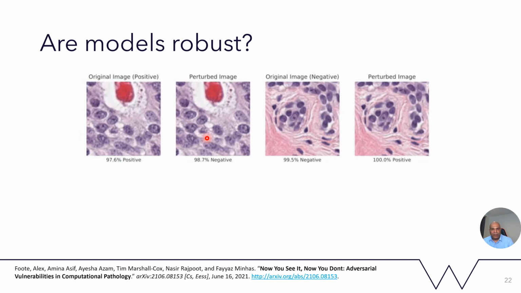So they may be fragile to these perturbations, which may be subvisual, and we should really take care when training these methods to ensure that these methods are robust.